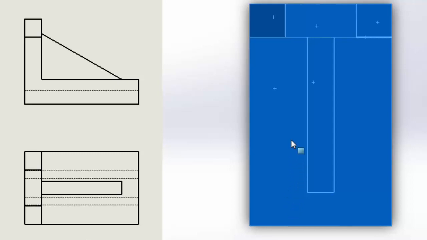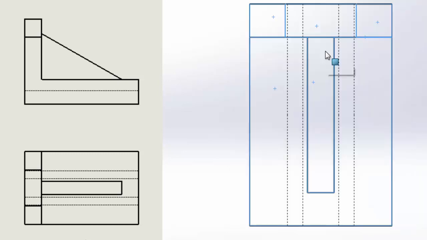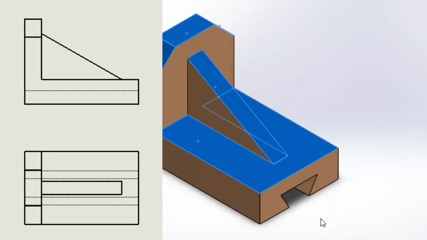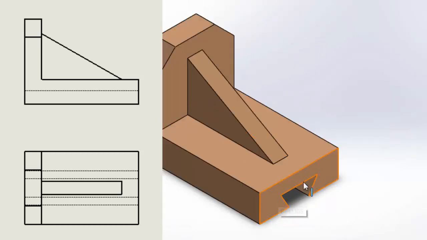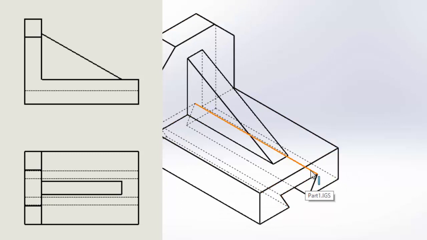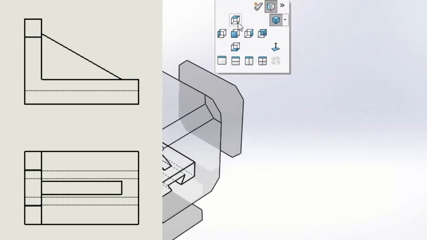One more important thing we have to know is that we have to draw the hidden lines also. Hidden lines means whatever is hidden below the visible. If you see as a solid, here we can see a slot. If you view from the top, the slot should be shown as a hidden line like this.